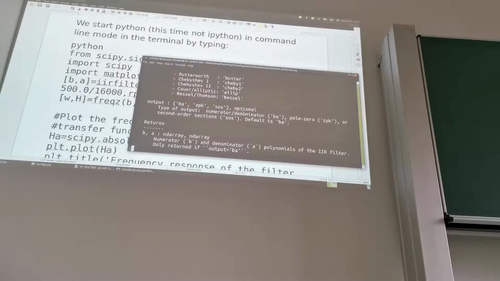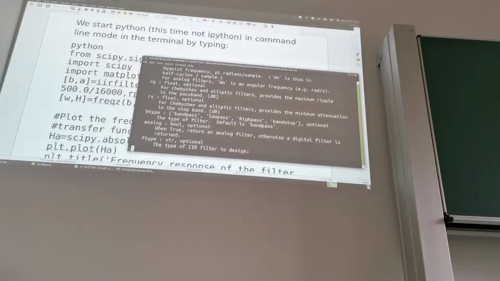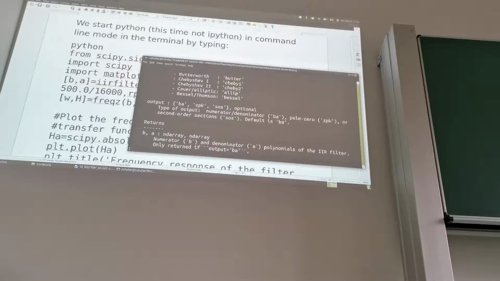Not really? Yeah, so basically these are just different design methods which give different properties to the filter, and you can actually try out what works best for your application. So default is, let's see, optional, the type of our filter to design.